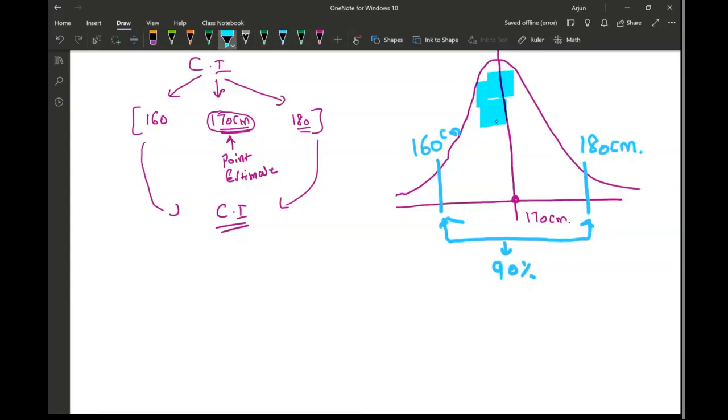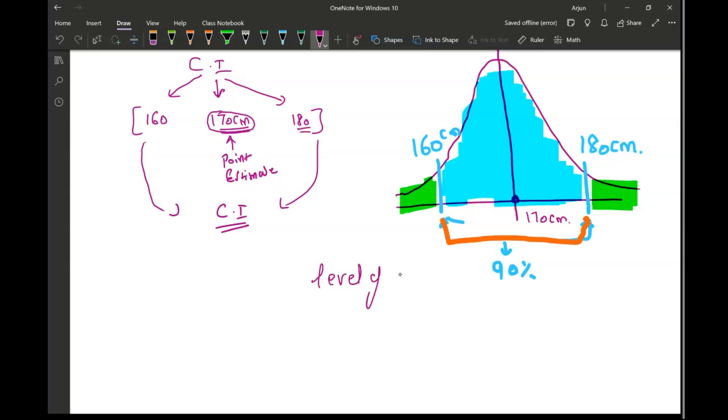See, this region is the confidence interval, the area I am shading. The area which I left out is called level of significance. Confidence interval is always the middle portion. So this is the middle 90% of the total region, and the remaining portion is called level of significance.